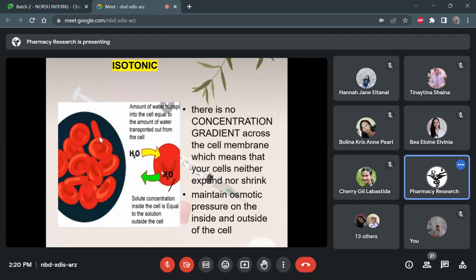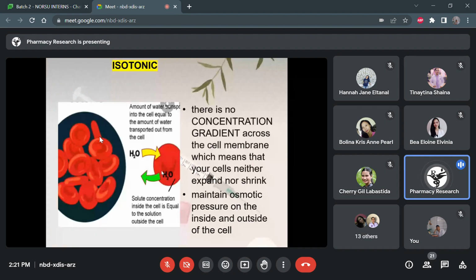So this maintains osmotic pressure on the outside and the inside of the cell. What I discussed earlier about osmotic pressure is important to maintain the cell. So with isotonic, it is equal on the outside and inside of the cell.